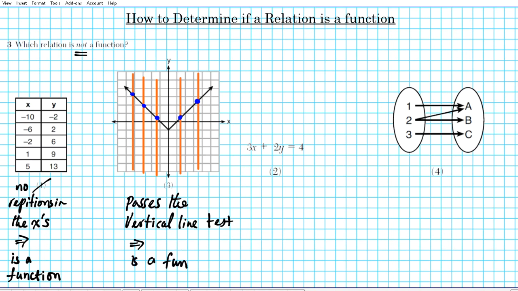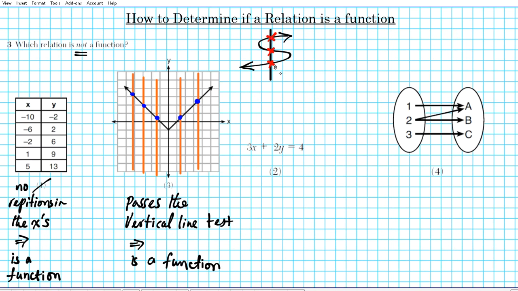Now let me show you an example of a graph that fails the vertical line test. Let's say you have something like this. Do you see why this fails the vertical line test? This relation is not the graph of a function, because if I draw a vertical line right here, what do you have? You have 3 intersections. So this is good, but we have another intersection and another intersection.